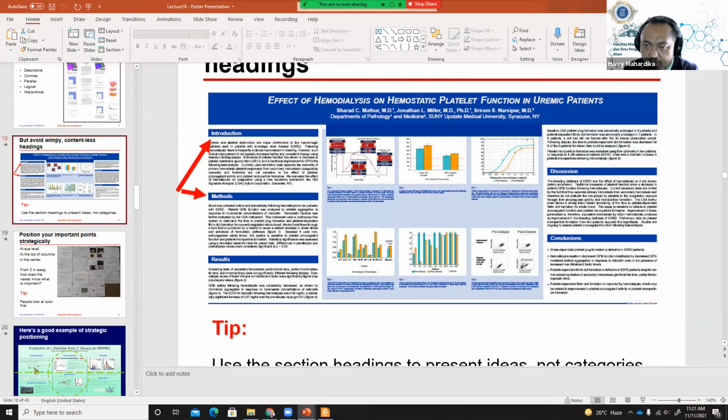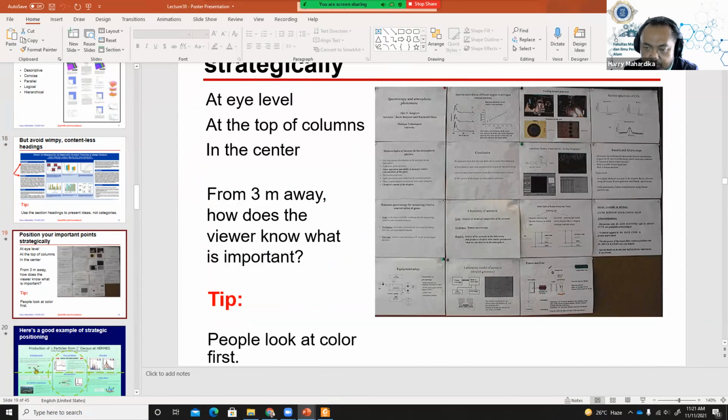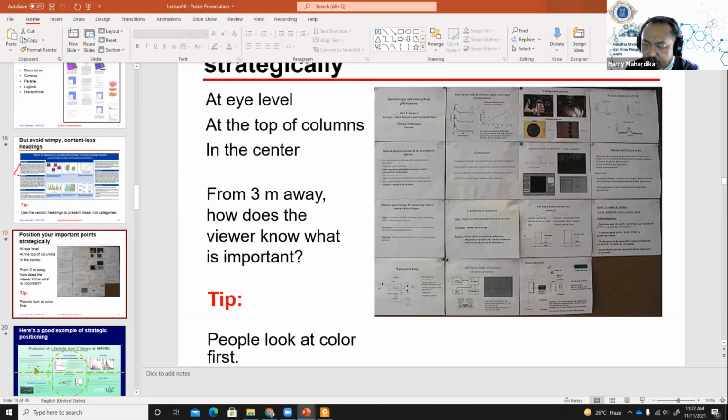On the other hand, okay, this one is an example of a bad design poster, because it's basically a printed version of their oral presentation. This also occurred in one of the major international annual meetings, especially for those countries who haven't got the chance of printing the poster from their country.